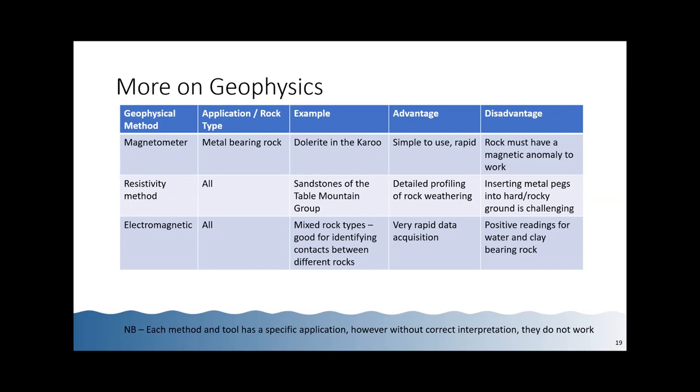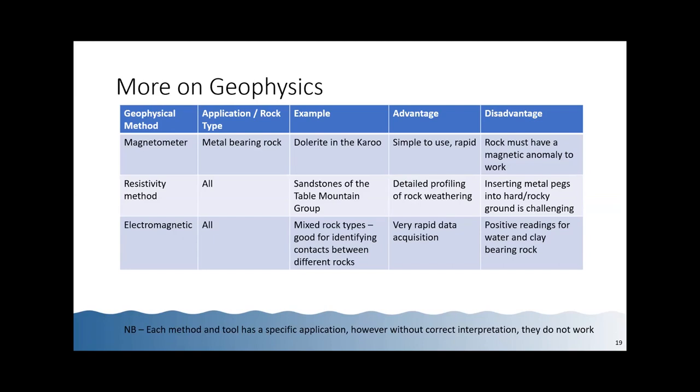That's the rock that Corné discussed, which has recently become quite famous internationally because it's well known for high yields and good quality. So the resistivity method will show us where that rock is most weathered. The disadvantage of the res method is that you've got to hammer pegs in, and if you've got shallow rock, it's quite tricky hammering those pegs through hard rock.